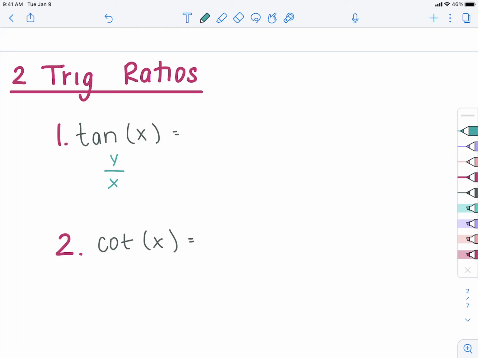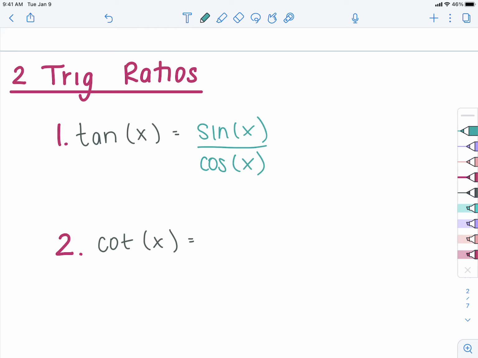So anytime we see tangent, we can replace it with sine of x over cosine of x, or anytime we see sine of x divided by cosine of x, if we don't want that fraction in there, we can change it to be tangent, because we know tangent is y over x, we know sine is y, cosine is x.